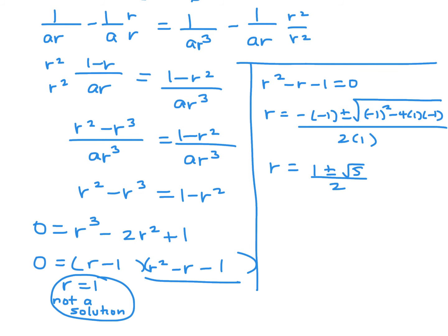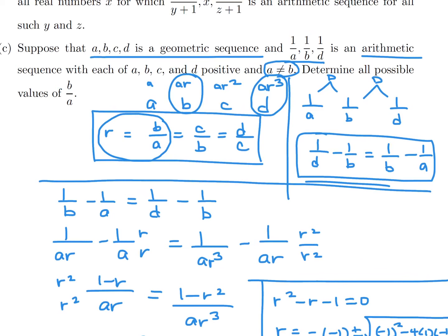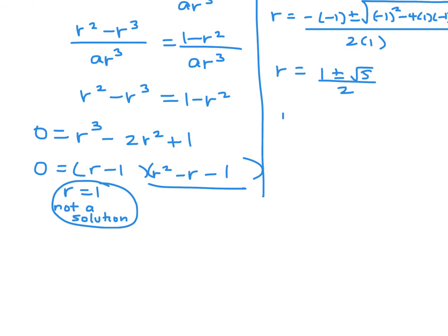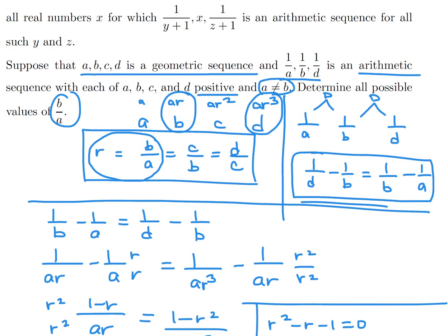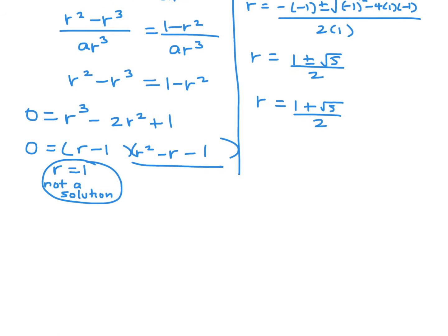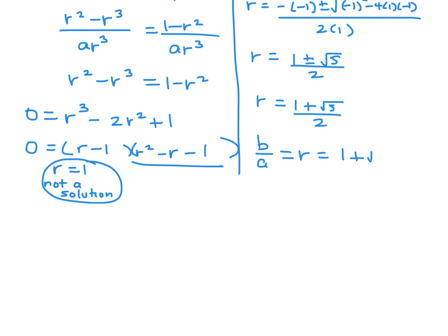And R, there's something about positive in here. Hold on here. Yeah, all are positive, so that means R's got to be positive. So of these, the only one that's positive, I believe, is the plus 1. So what are they asking for again? Determine the values of B over A. So B over A, according to this guy, was just R. So B over A, which is R, is 1 plus root 5 over 2.